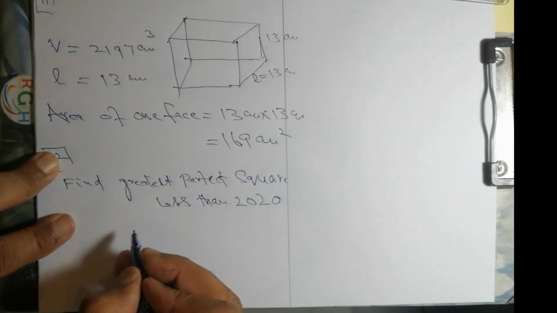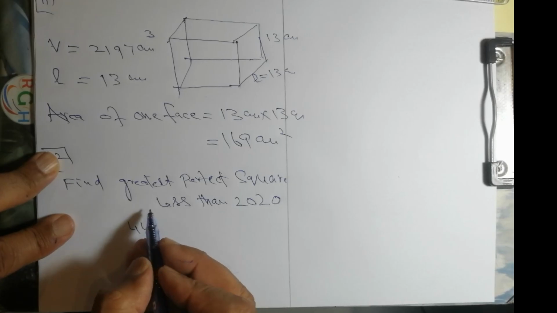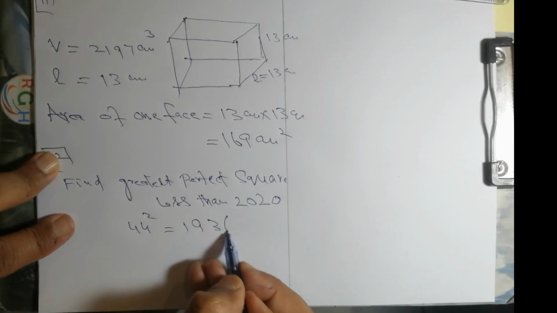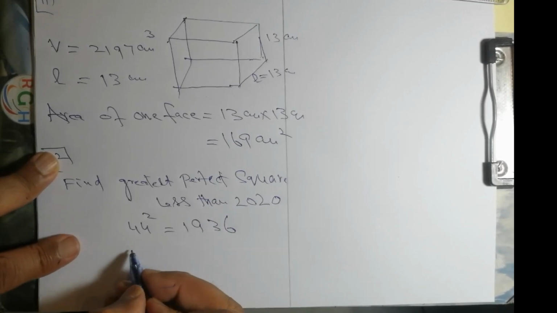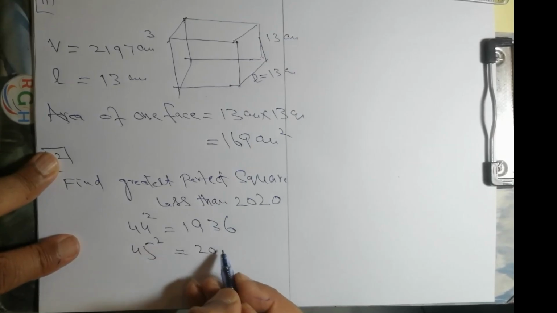If we take the square of different numbers, for example 44, the square of 44 is equal to 1936, and if we take the square of 45, that is equal to 2025.